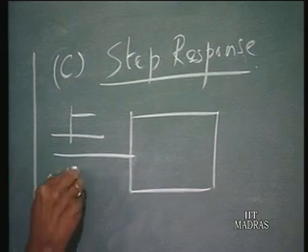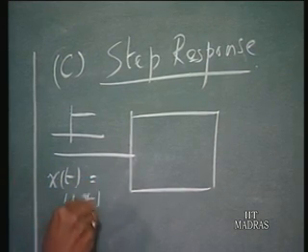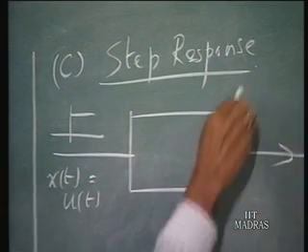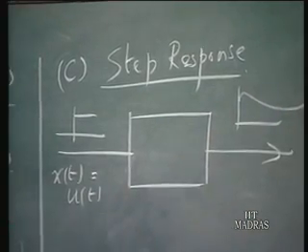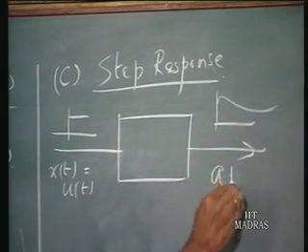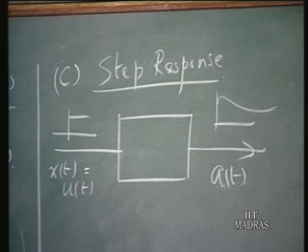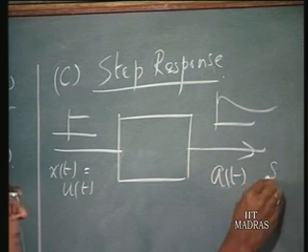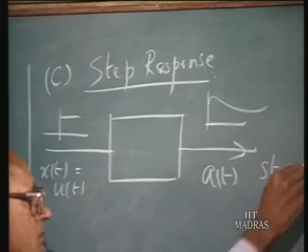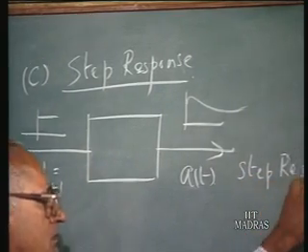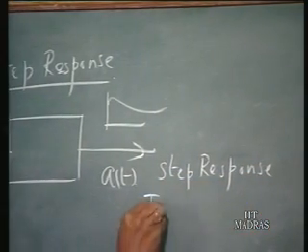So x of t is u of t, and the corresponding output, whatever you are having here, is given a special symbol a of t. And this a of t is called the step response. Sometimes it is called indicial response.